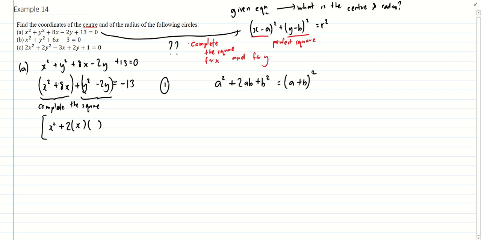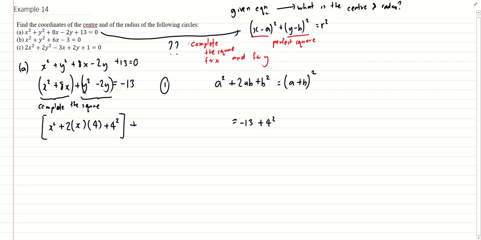So b will be 8 divided by 2, which is 4. Which means that to complete the square, I will need to add 4 square over here. Now, if we add 4 square on the left hand side, on the right hand side we will also need to add 4 square, because I need to balance the equation.